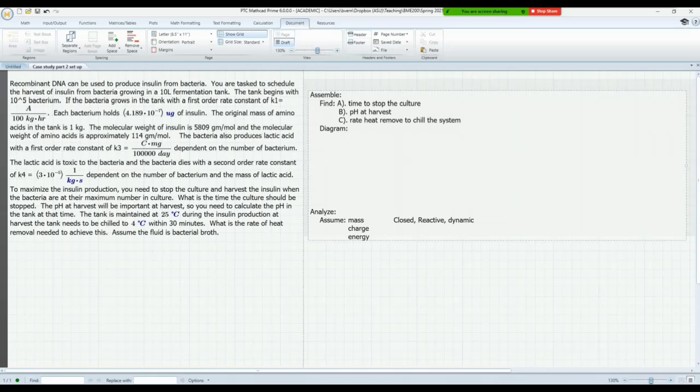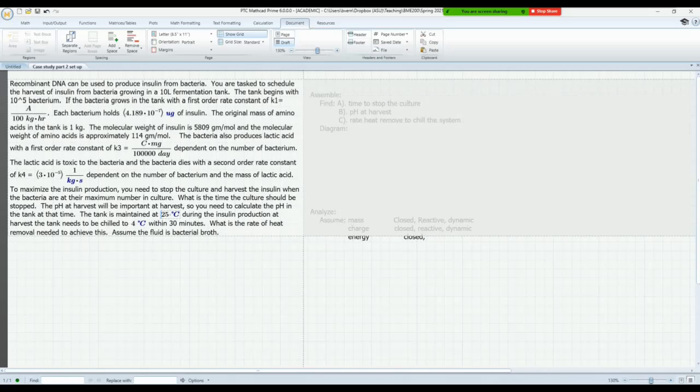So all of these systems are similar. They're basically closed. It's going to be reactive, dynamic, and then the energy system is still going to be closed. Now this one, however, this last moment here, after the reaction's done and you're cooling it off, the reaction is not going to cause any energy changes, and there's no reaction going on at this 30 minutes.